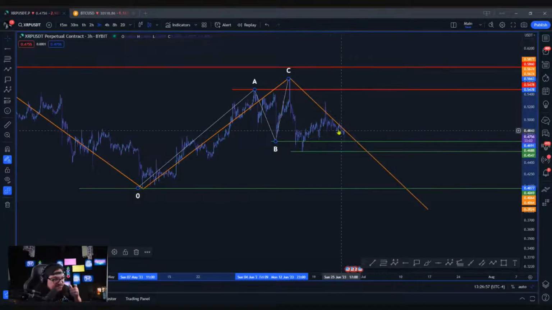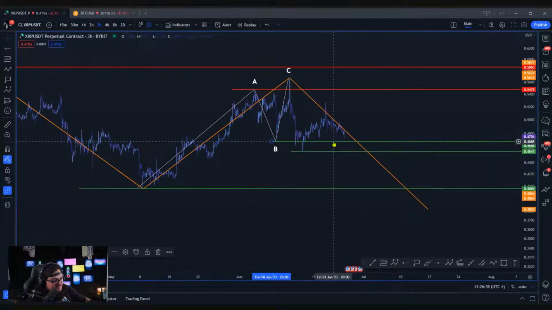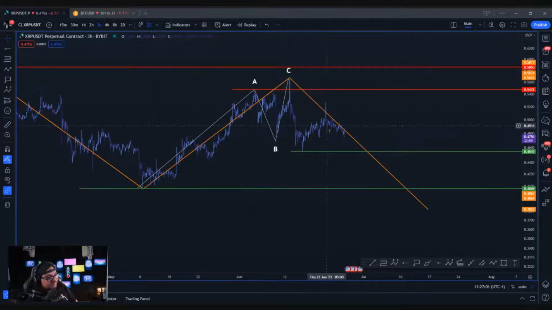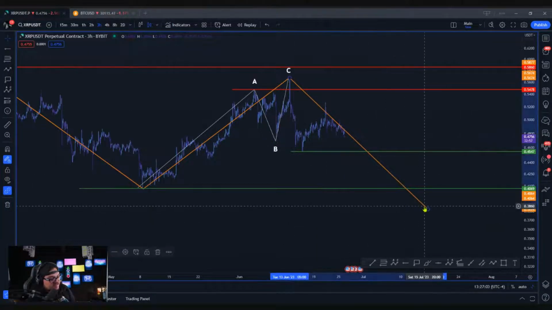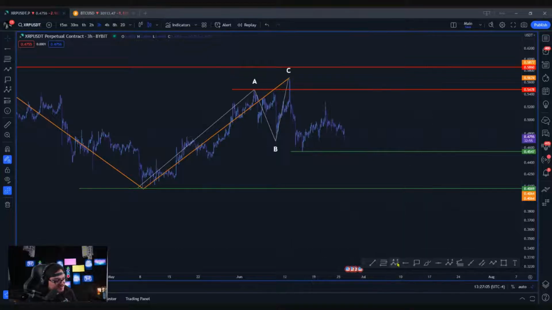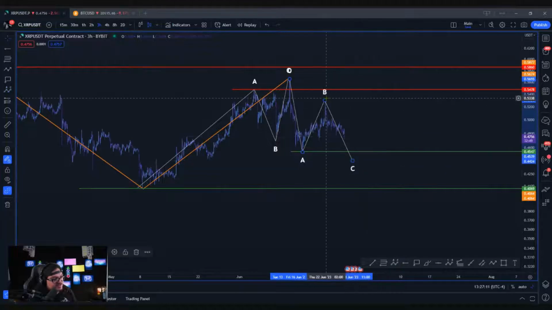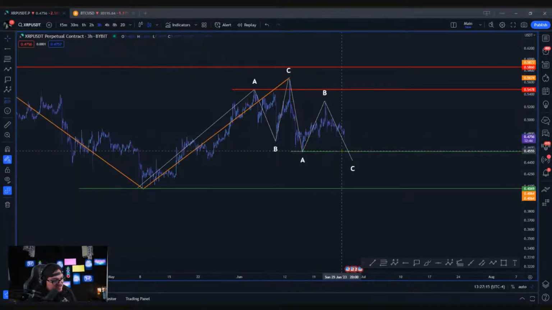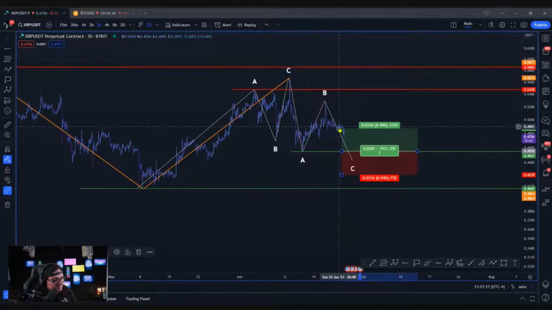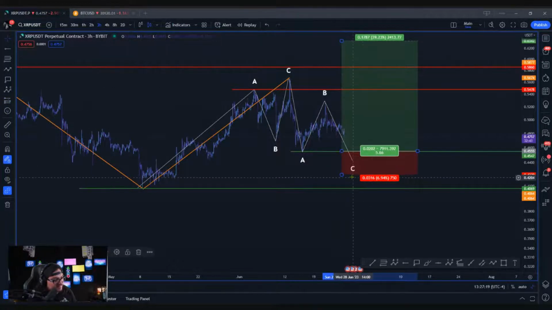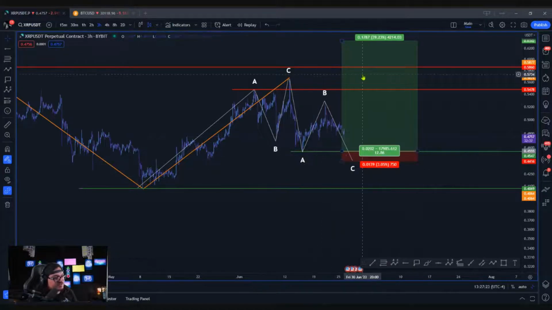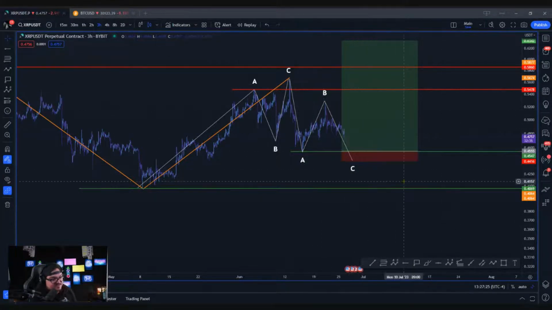The one thing I would consider, Supreme Cat, is if, since you're in a short from up here, if we do put in a lower low off of this setup, I would consider hedging. The only reason why is that this is a good short position. Worst case scenario, if you take this long position and it fails to go higher, this gives you some cushion to protect yourself.